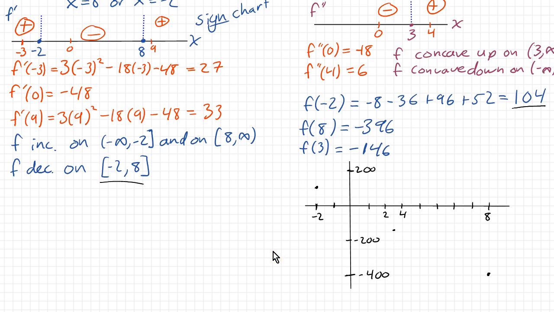Okay, so then let's try to graph it. We have something that is increasing until it gets to this point, and then it's going to decrease until it gets to this point. And all the way to the left of 3, it has to be concave down. So I'm going to try to draw something that is concave down. Definitely do this with a pencil because it's tricky to get it looking right.